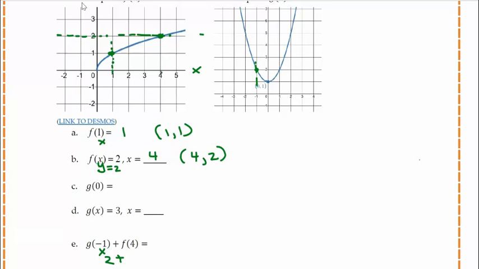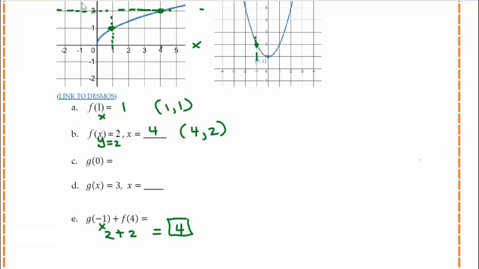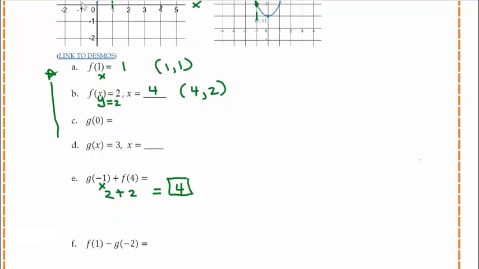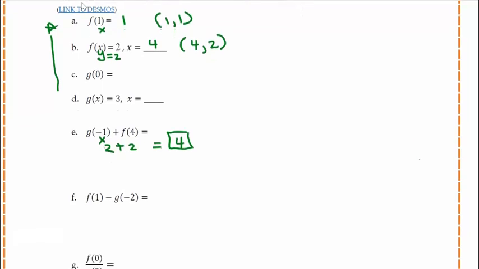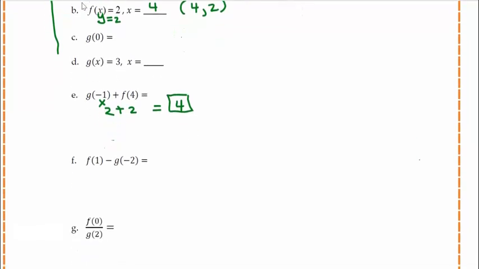So when x is 4, y was 2. And so then I'll just have to add those two together to get 4 as your answer. So it's just kind of taking it a little bit further than we did last time. We talked about this A through D part, but now it's showing you, okay, I can find different values on each of them and add those together. Or subtract them or multiply them or divide them like we've done.